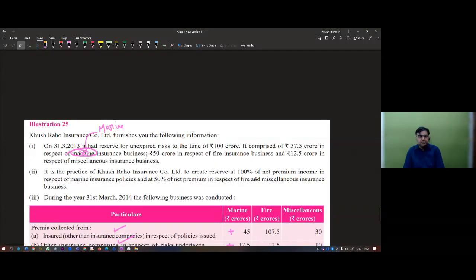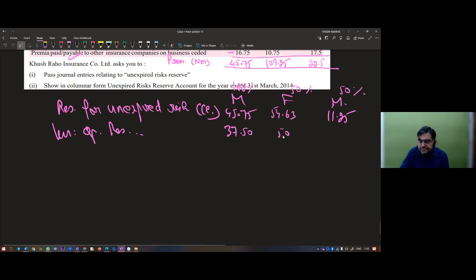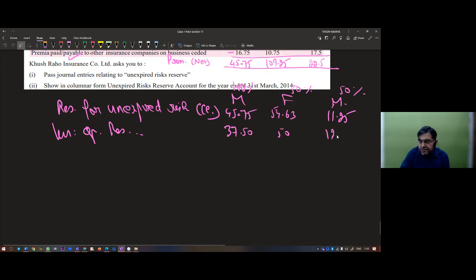Opening reserve, 50 is for fire, and 12.5 is here.